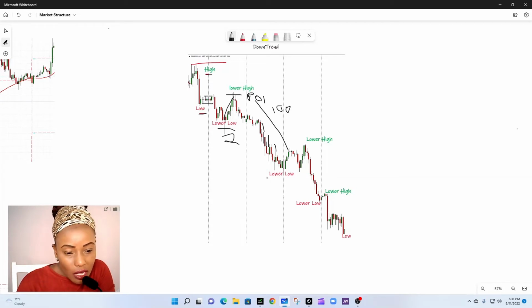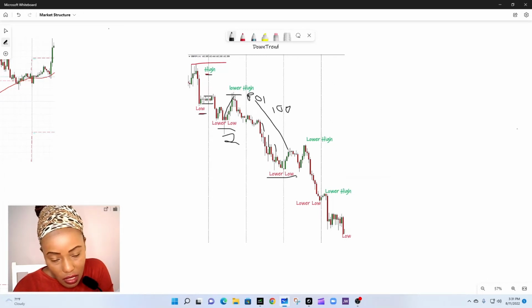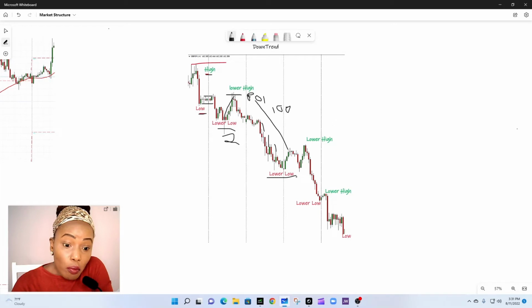So once the price reaches this lower low, you start with your exit strategies. That's when exit strategy comes into play. You exit the trade, or you take partial profits. So now you're going to take profit 1 and wait for another premium zone to enter another trade and make more profits.